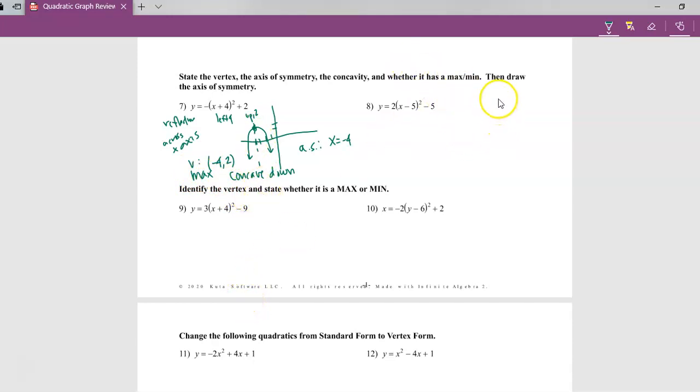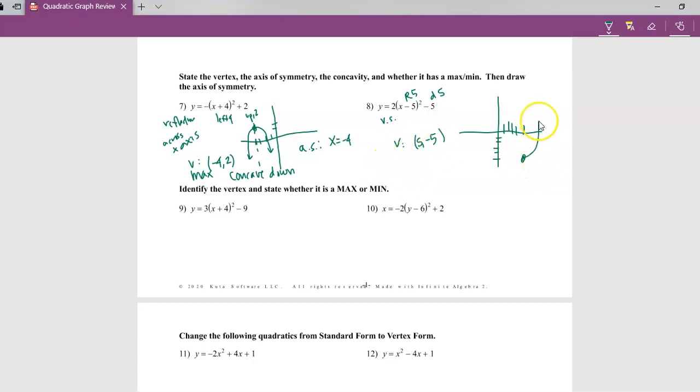Okay, number 8, it goes right 5, it goes down 5, and then the 2 is a vertical stretch of 2. So right 5, down 5. So there's my vertex at 5, negative 5.